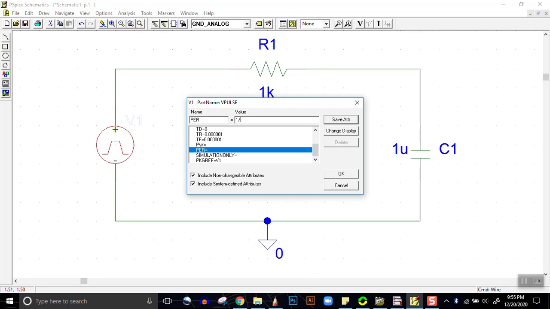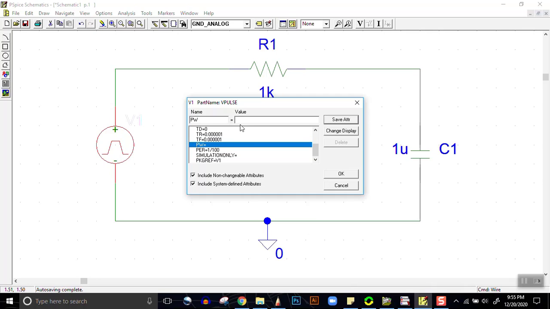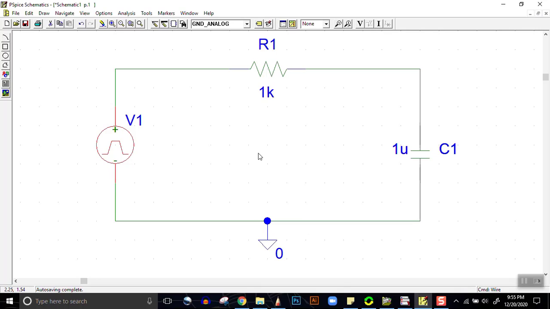Time period is 1 by 100, and we want for half of the time the pulse to be high, that is 10 volts, and for the other half the pulse to be 0 volts. So our pulse width would be half the period. So if period is 1 by 100, our pulse width would be 1 by 200. So we are saving this attribute and pressing OK. So our circuit preparation is done.